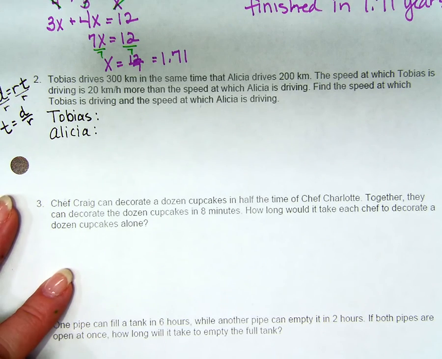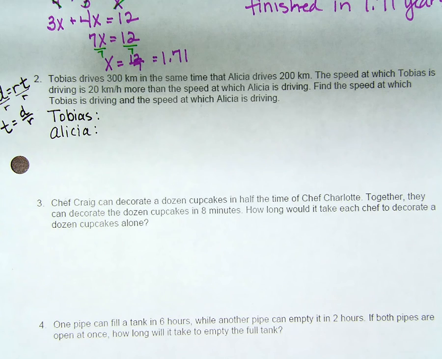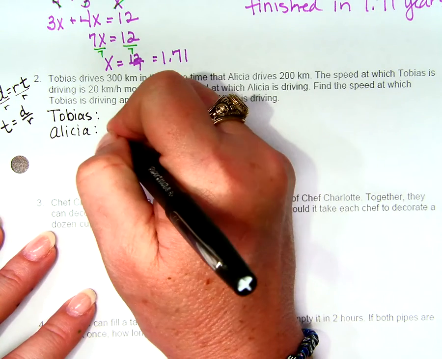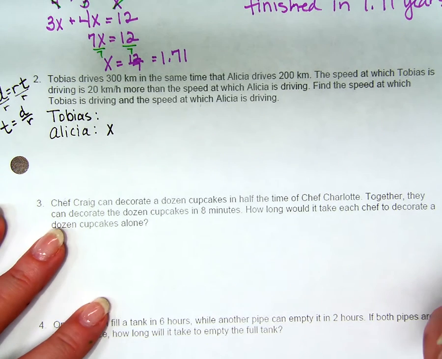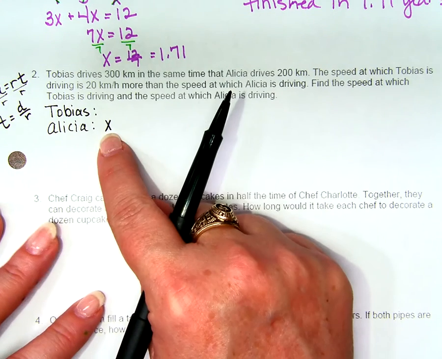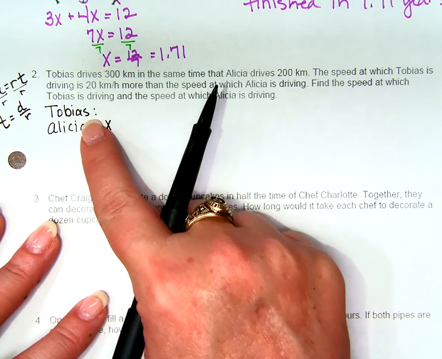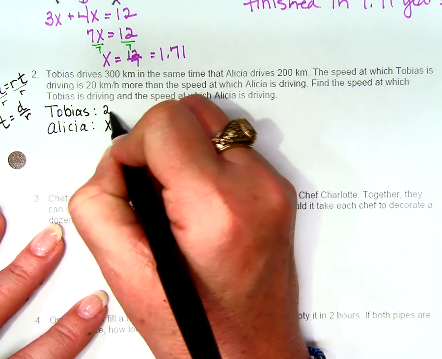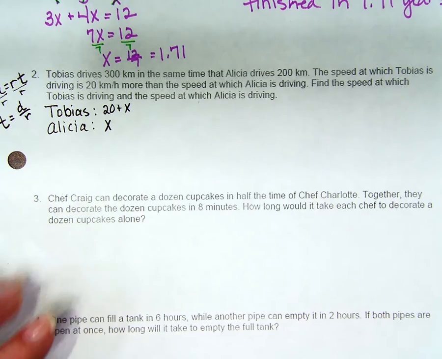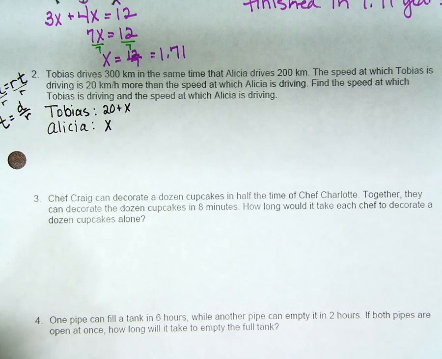That's Alicia's speed, right? If somebody's speed is based on somebody else's, that somebody else's is who we need to call x. Tobias' speed is based on Alicia's speed. We know Tobias' speed is 20 kilometers more than Alicia's, so Alicia's is what we need to call x. Because then we can call Tobias' speed 20 plus x. Everybody okay with that?